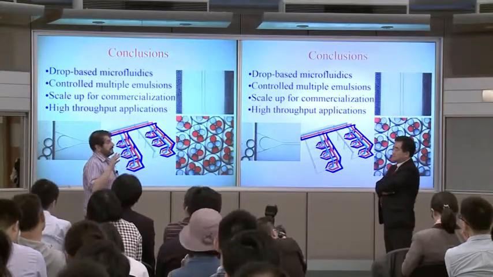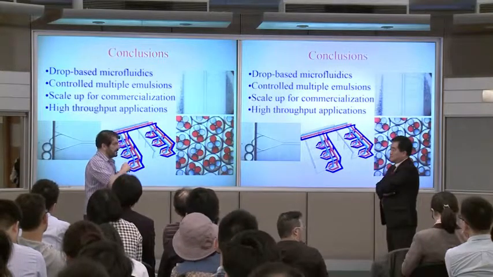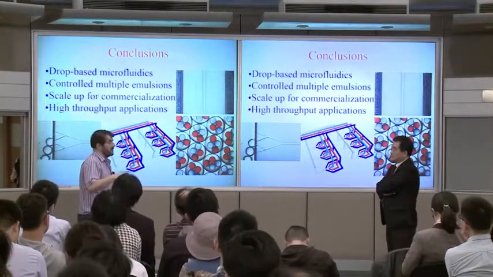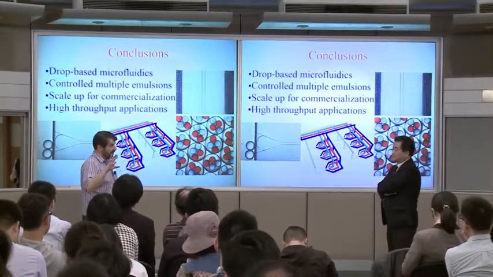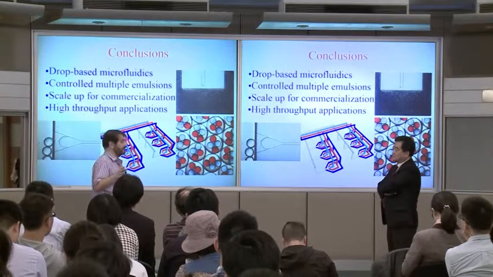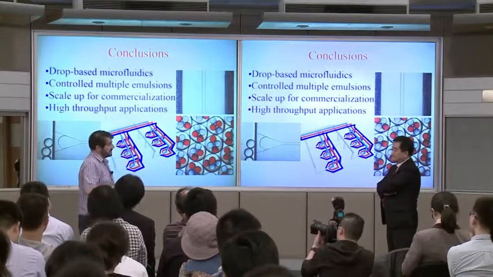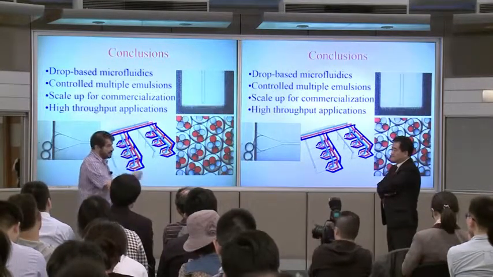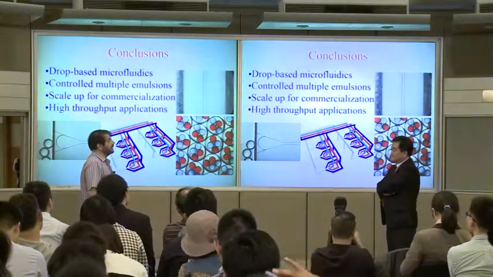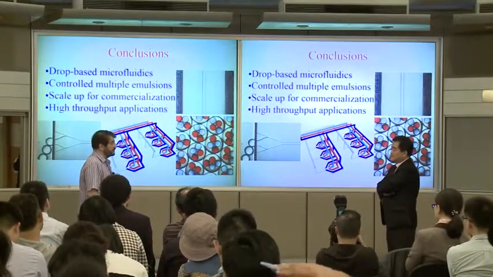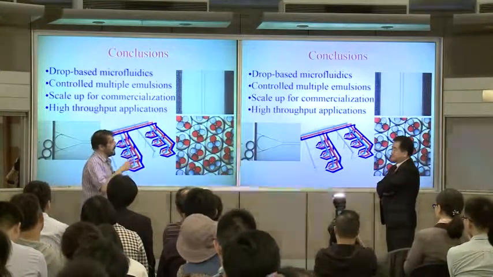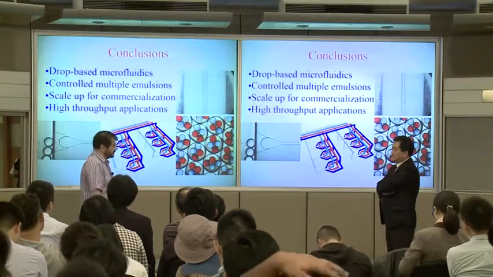I will say that the one exception to what I said is Anderson, who works at Hong Kong University, has worked very hard on making drops with miscible fluids. It's a whole new subject. But what we do is work with immiscible fluids.